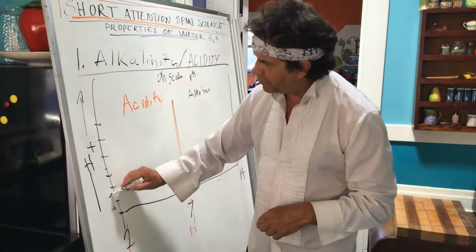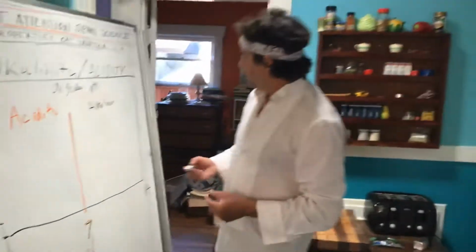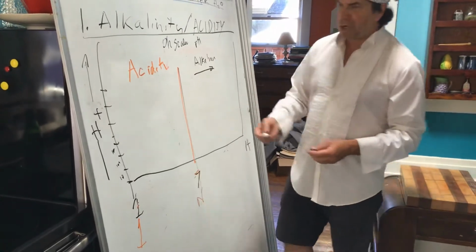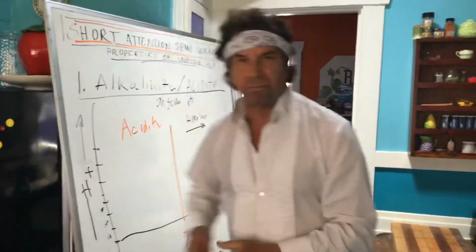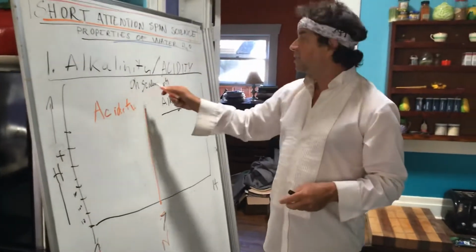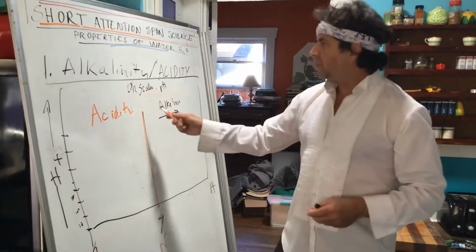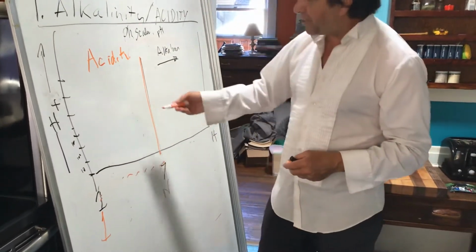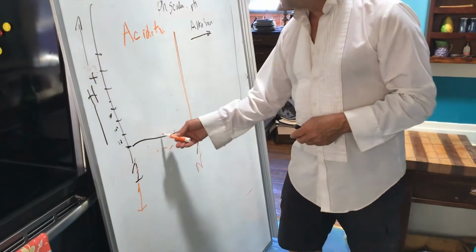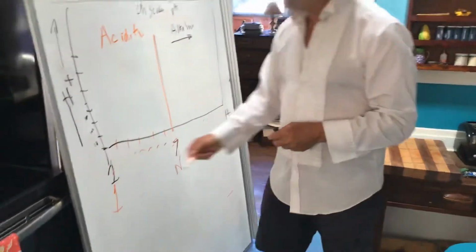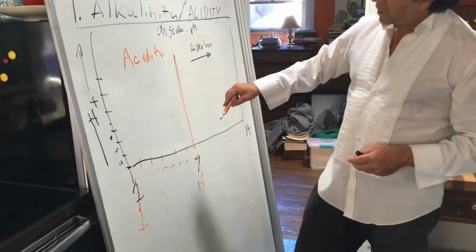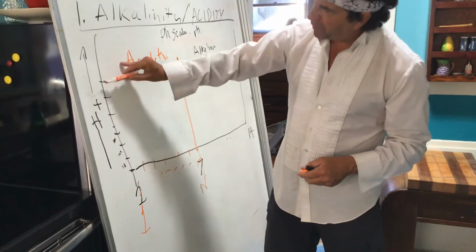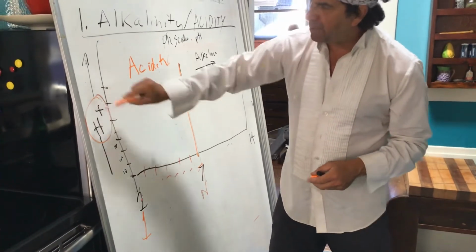Over here you get a more acidic liquid, with numbers 6, 5, 4, 3, 2, 1. As you get more acidic, you get more and more hydrogen ions, and that makes it more acidic.